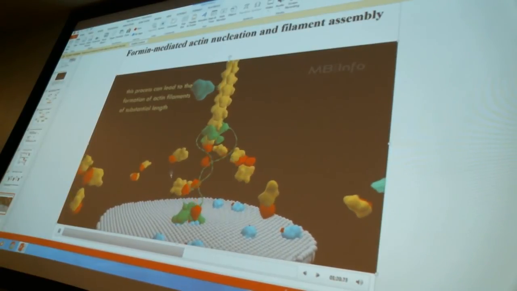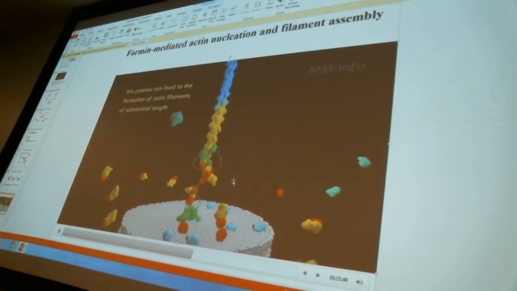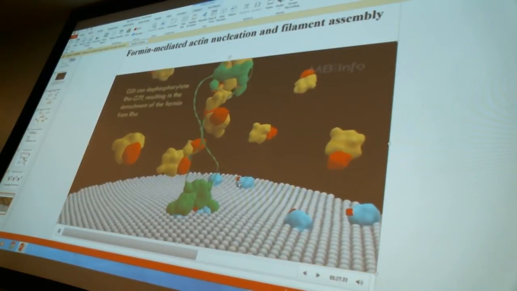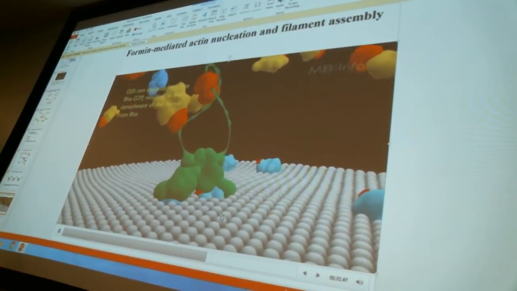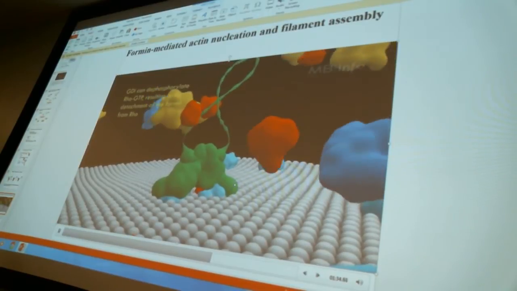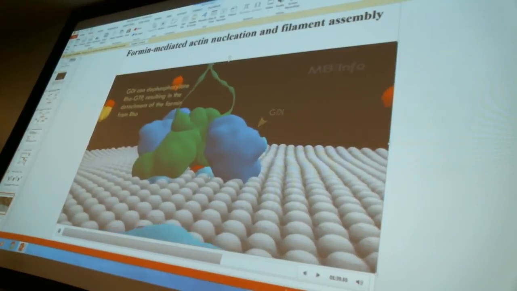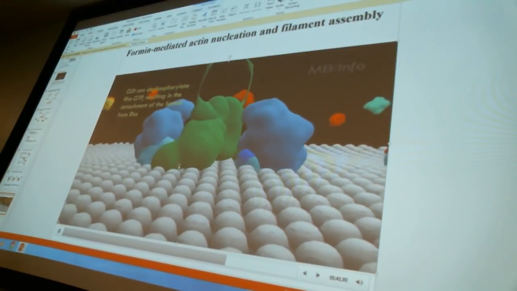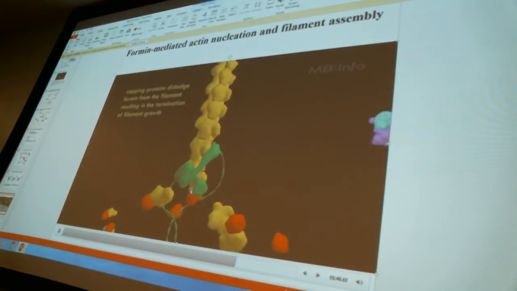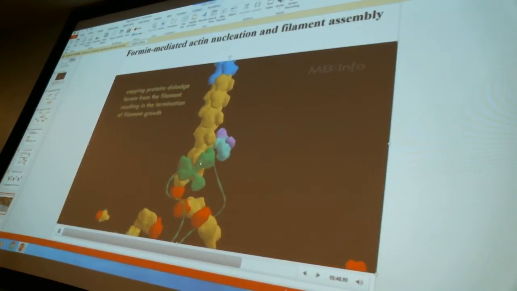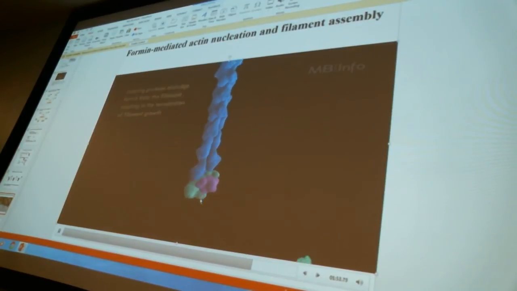Once that association is lost, formins cannot interact with the profilins. And this event can take place until there's a specific protein that comes and turns off the Rho GTPase. So here it is. This is GDI, which comes and associates with Rho GTPase, and as a result, formin is not interacting anymore with Rho GTPase, and this process is now collapsing.